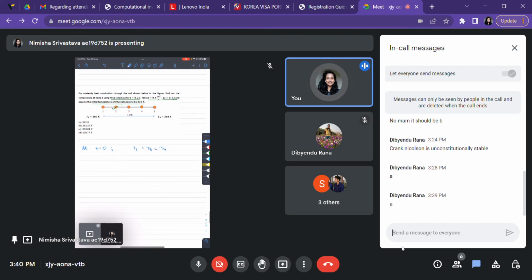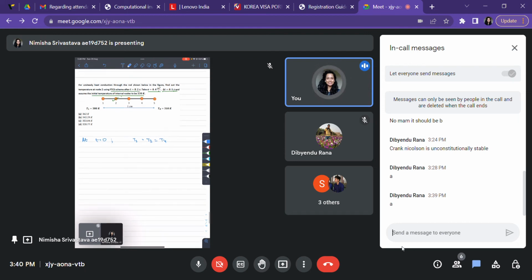It's asking me the initial temperature of the internal nodes to be 330 Kelvin. Therefore, I cannot say T1 and T5 is also that because T1 and T5 I'm given already over here. Okay, so this is 330 Kelvin and T1 is equal to 380 Kelvin, T2 is 330 Kelvin.